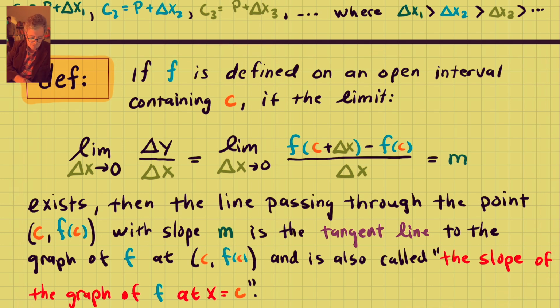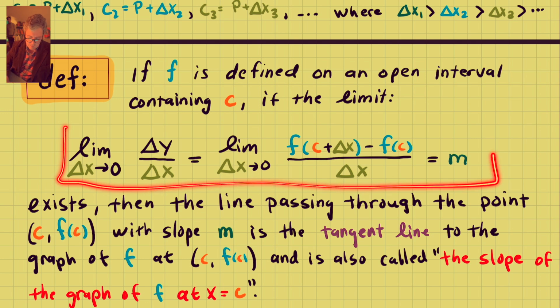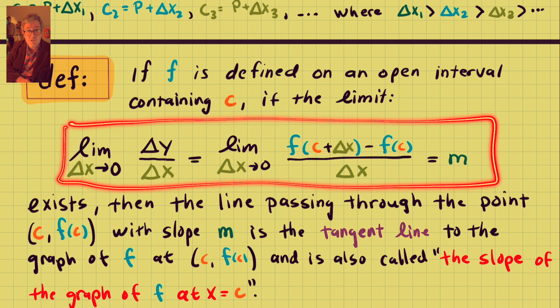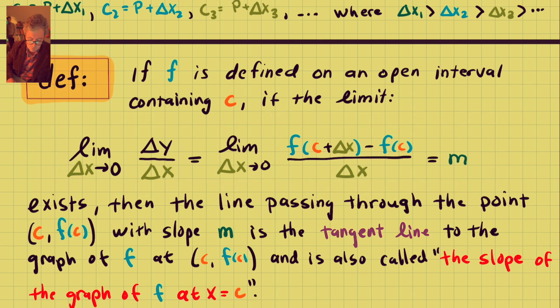And this limit right here gives you the slope of the tangent line that passes through the point c, f of c. Okay, so this isn't quite the derivative yet. This is basically a solution to the tangent line problem. But in a second, we'll see how this is very closely connected to the derivative.